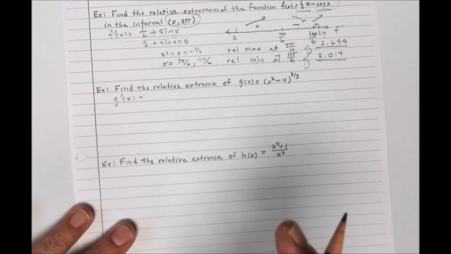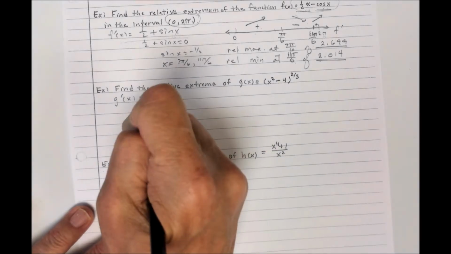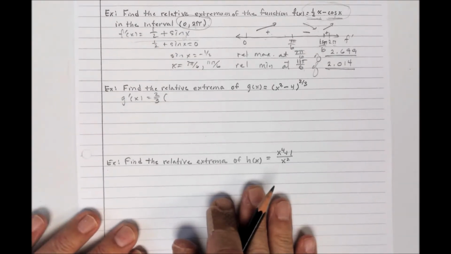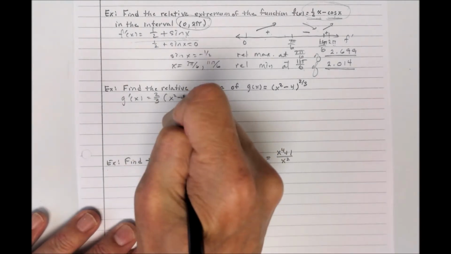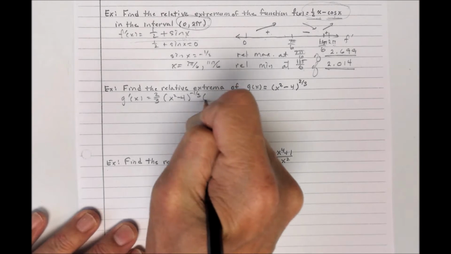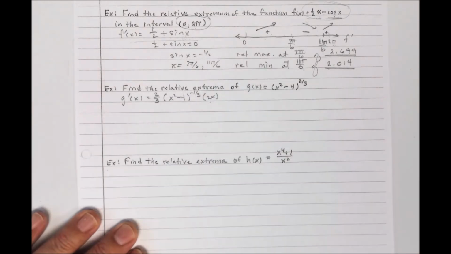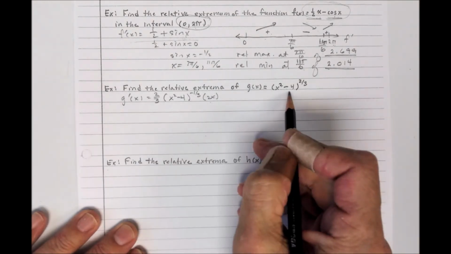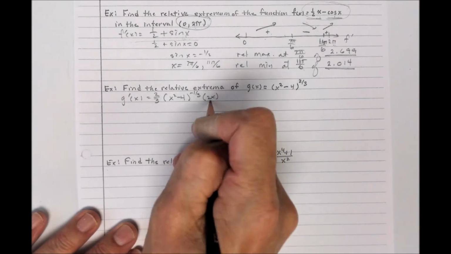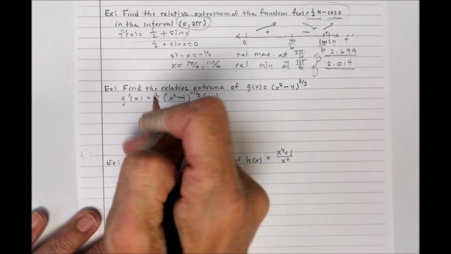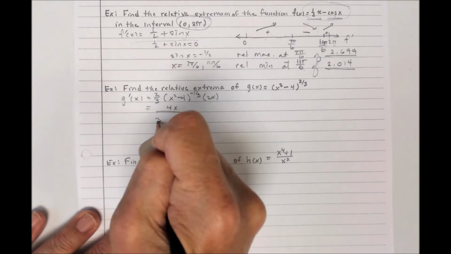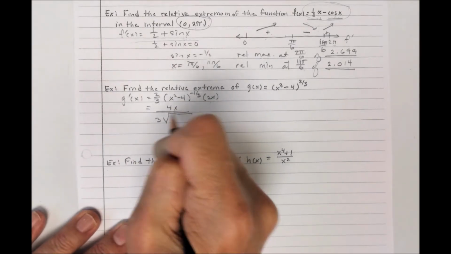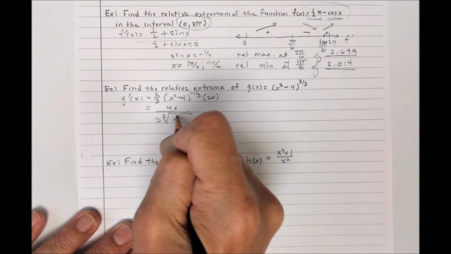I'm going to get 2/3 times the quantity x squared minus 4 to the negative 1/3 times 2x. Don't forget the times 2x. That's the chain rule, the generalized power rule. So 2x times 2/3, it's 4x over 3. I'm going to write this as 4x all over 3 times the cube root of x squared minus 4.